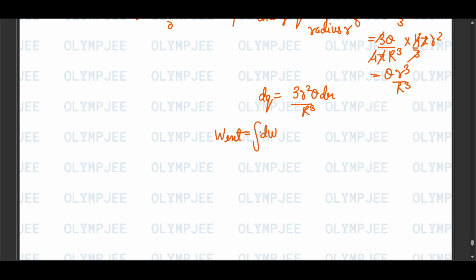the total work is the integral of small work, which is v is kq by r and dq, and dq can be replaced, so it will become kq by r multiplied by 3 r square q dr by R cube, and q is not constant here, so we need to represent in terms of r only, so that we get all the variables in terms of r.